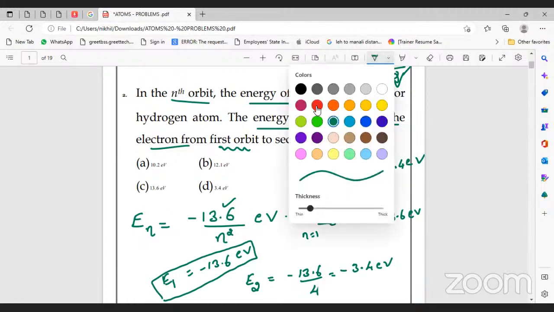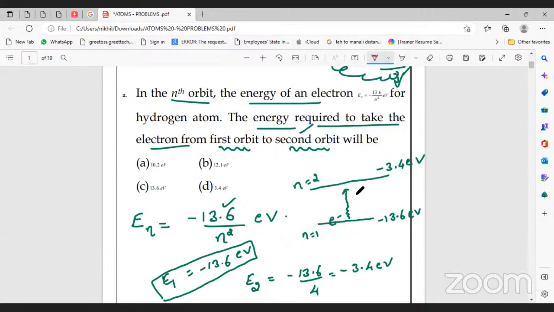But what they are expecting is the energy required. So what is the formula to find the energy required? Energy required is given by the formula E2 minus E1. What is the difference? Minus 3.4, minus of minus will be plus 13.6. So what is 13.6 minus 3.4? It is 10.2 electron volt.